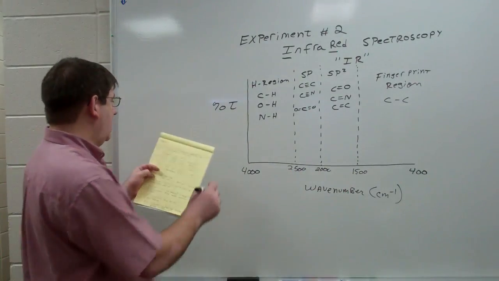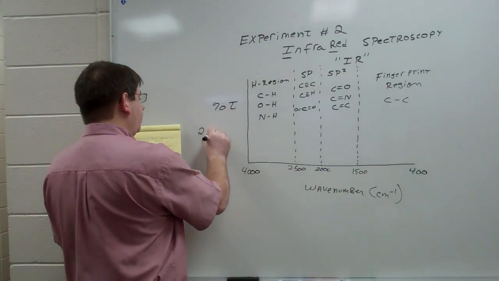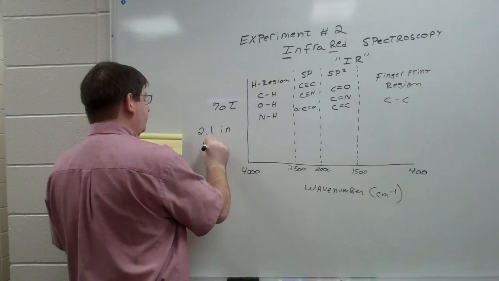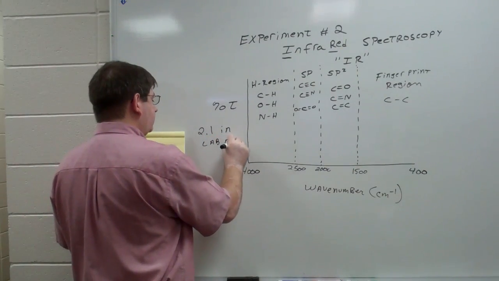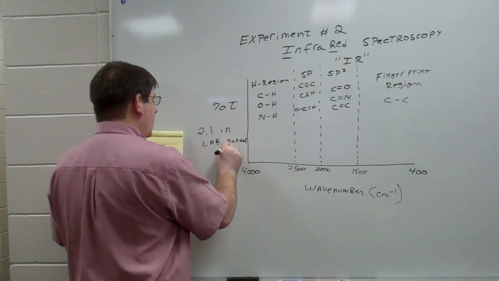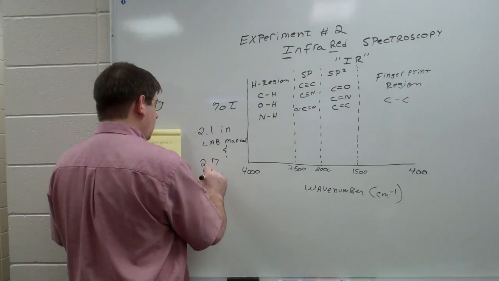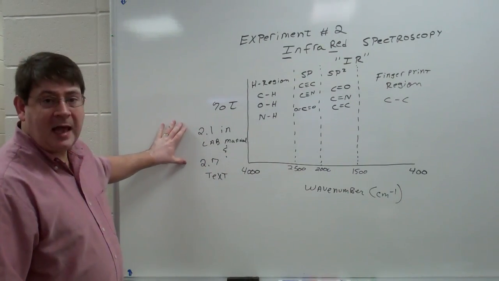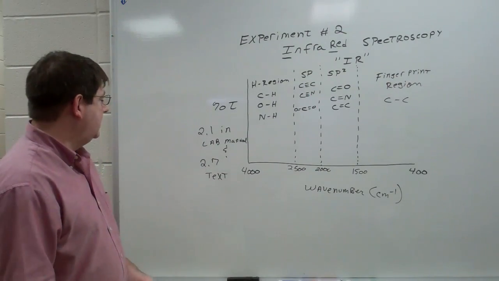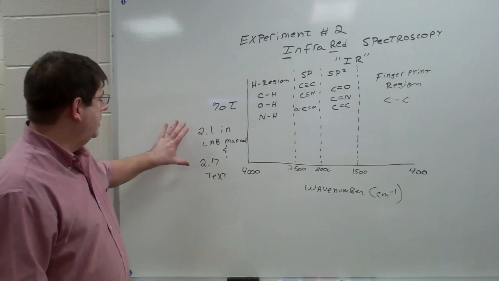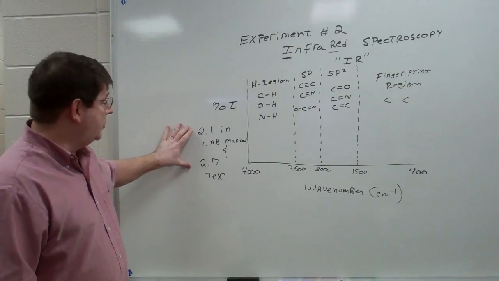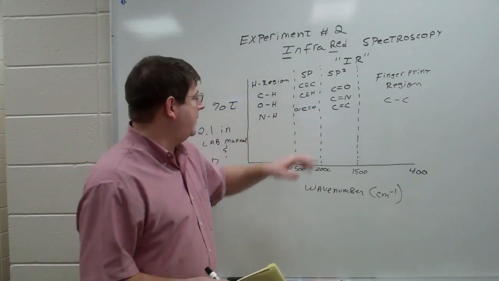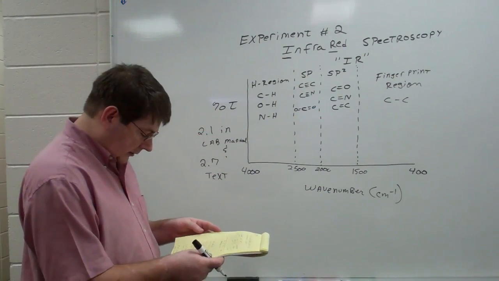Those tables are table 2.1 in the lab manual and table 2.7 in your lecture text, in the Solomon's lecture text. You need to have both of these tables not memorized, but at the ready, so that you can look up specific values.